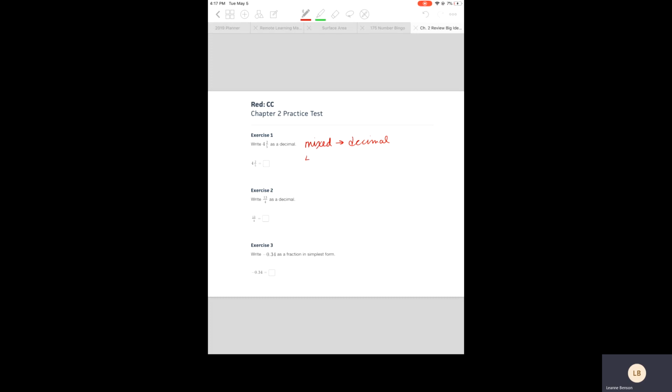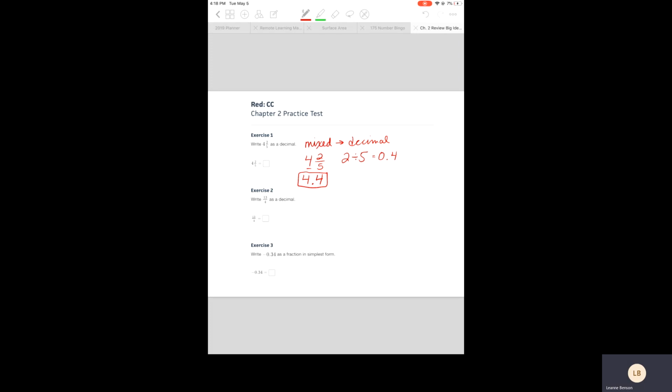So right now we need to get 4 2/5 into an improper fraction to do that, or we can do 4 point and then we can get 2/5 into a decimal. So to get 2/5 into a decimal, you do 2 divided by 5 in the calculator. 2 divided by 5 equals 0.4. So that means that we have 4 and 2/5. So we have 4 and a 0.4, which gives me an answer of 4.4.